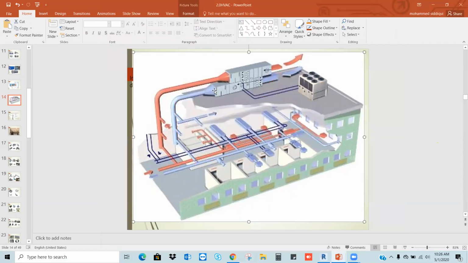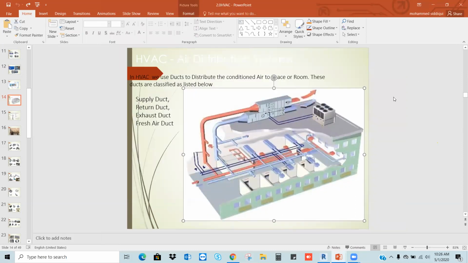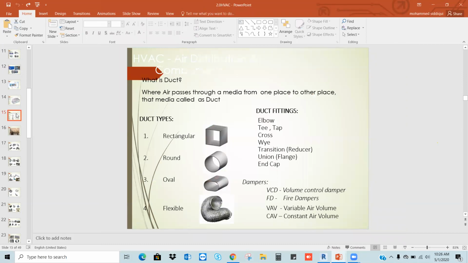Now you're clear. So we are using the duct for the air conditioning system, right? And according to the system, we have supply, return, exhaust, and fresh air. If you go into a little more detail, which things do we require to distribute the air from the AHU to the diffuser, what are the fittings, what are the types of ducts we are going to use.